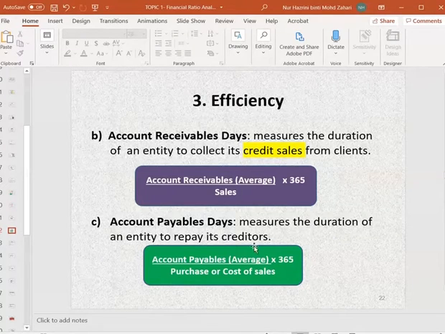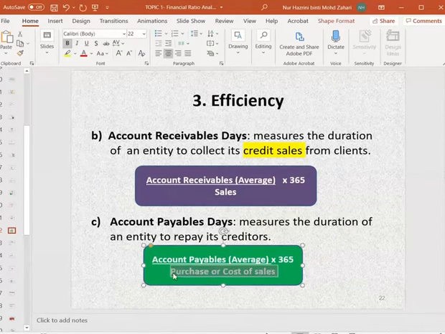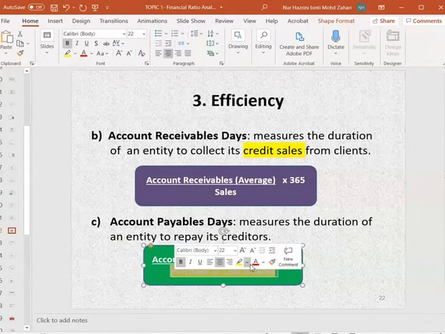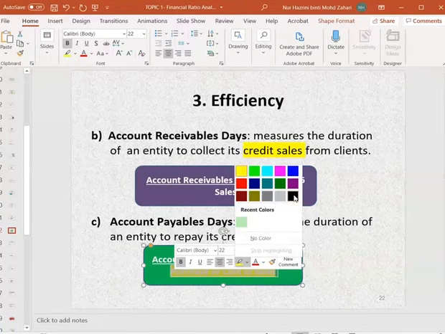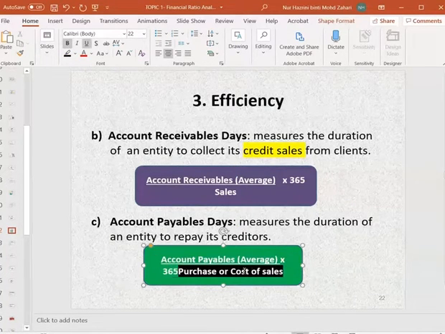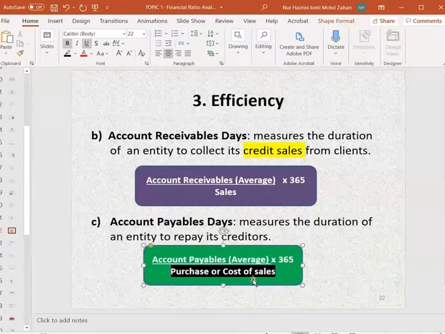Okay, so your formula is account payables on average as well, divide by purchases or cost of sales times with 365. You can use either purchases or cost of sales depending on which information that you have. But do not be surprised if both figures will not give you the same answer.